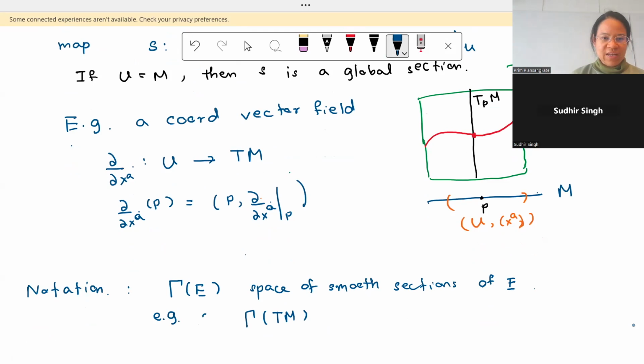So this is the symbol that I used before, so it's the same. And this is the symbol I used for the differential k-forms. And a differential k-form is a section of the bundle of totally antisymmetric covariant k-tensors. Okay.